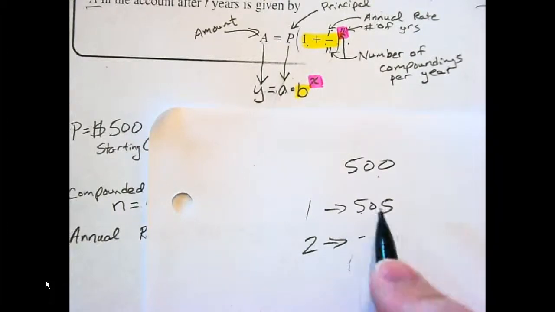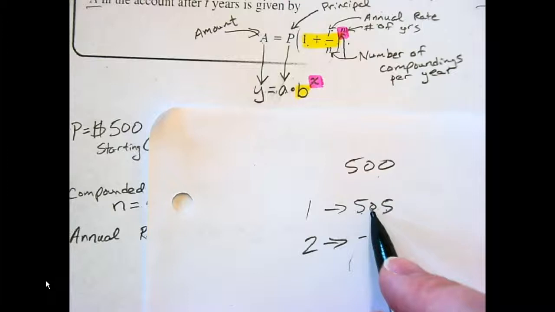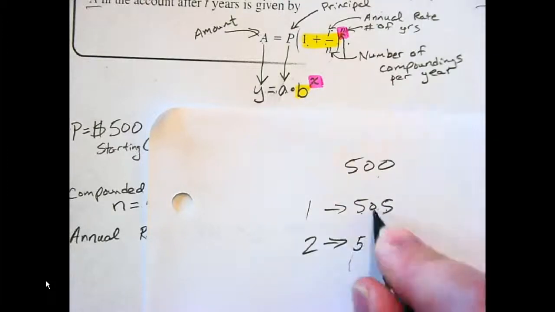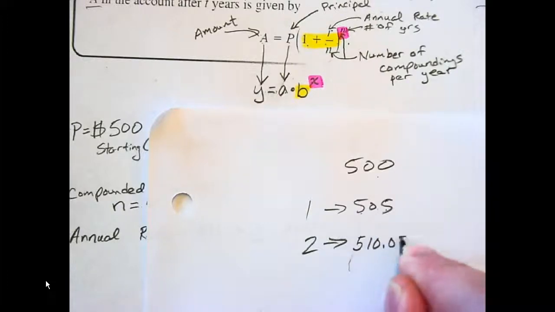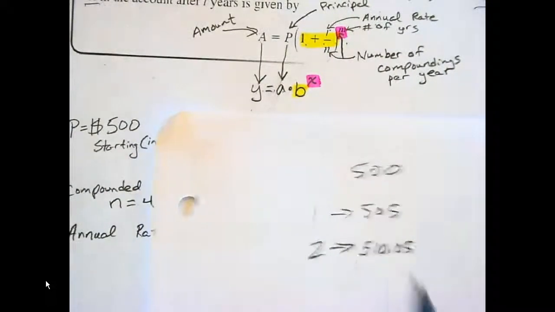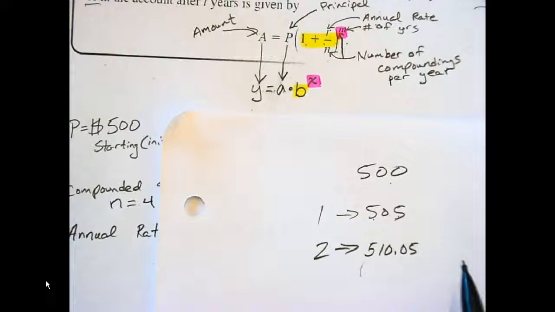So I'm earning interest on my interest. So what is 1% of 505? It'd be $5.05. So now I'm up to $510.05.